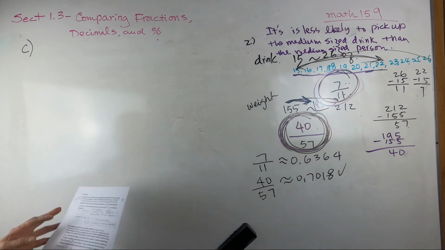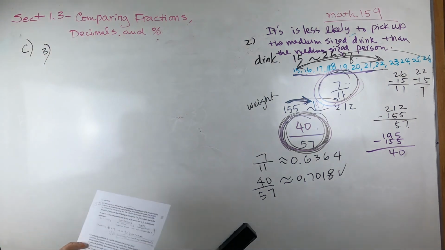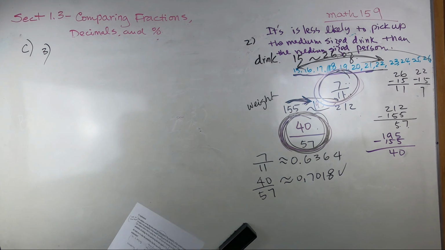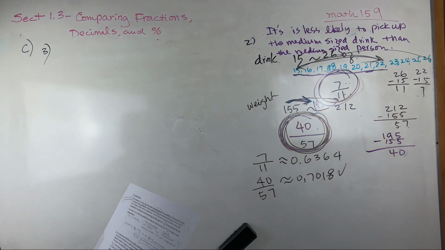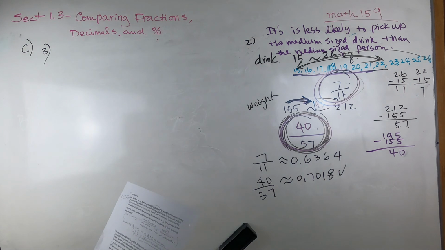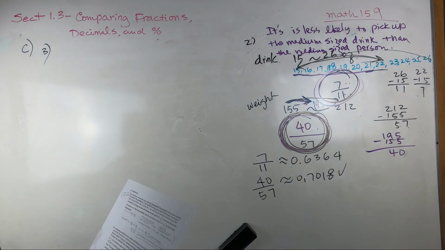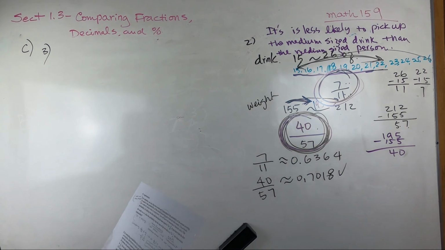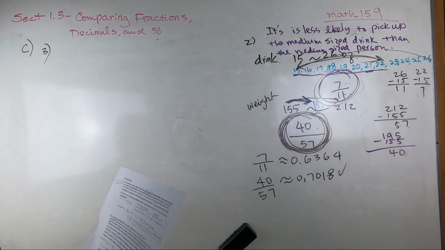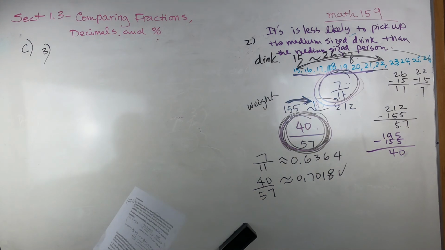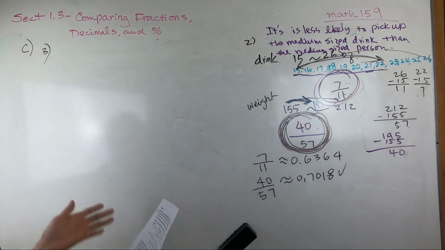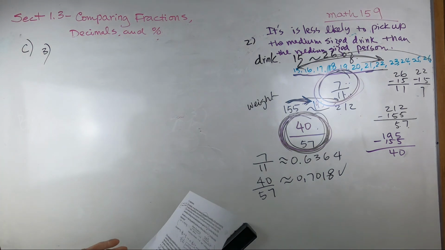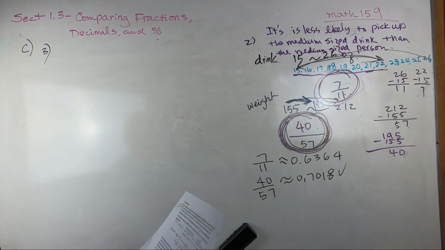Okay, let's look at the next one on your page 10, right? When we perform a hypothesis test in statistics, we have to compare a number called the p-value to another number called the level of significance, okay? Suppose that p-value is calculated as 0.0641 and the level of significance is 5%. Compare these two numbers. So many things you don't understand so far.